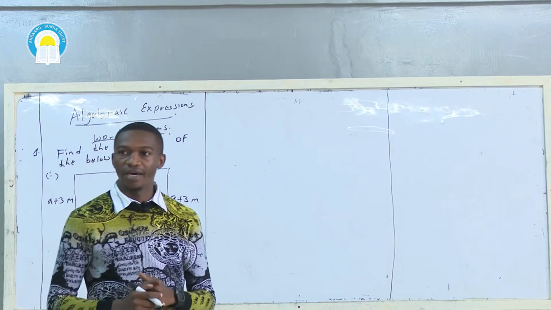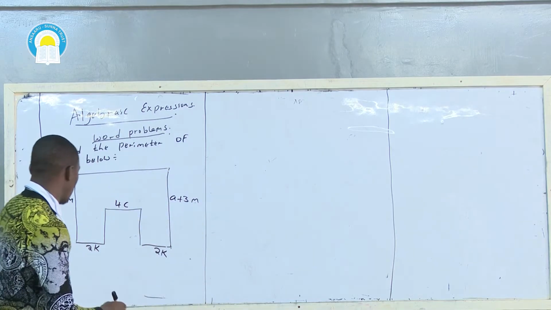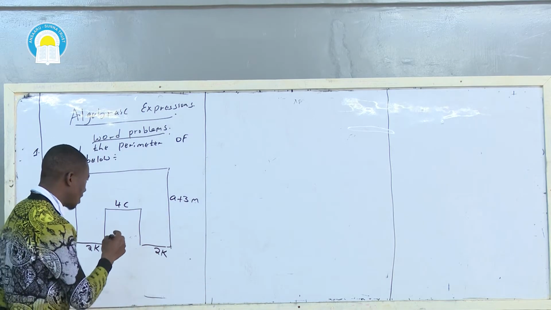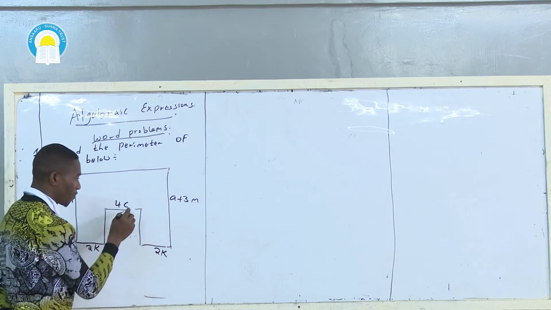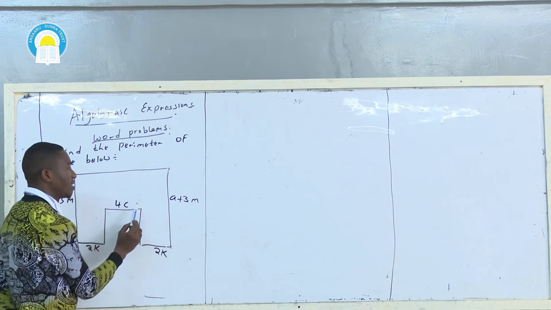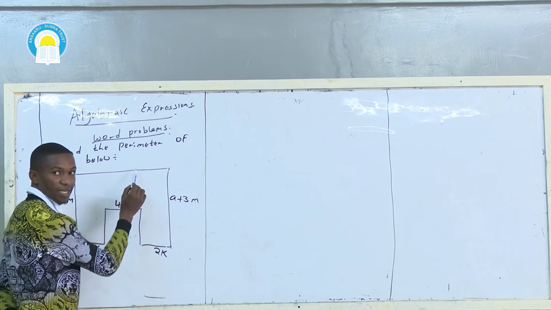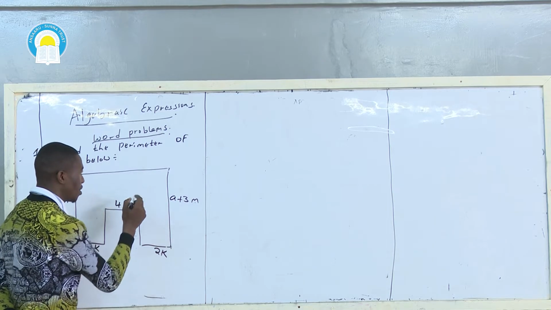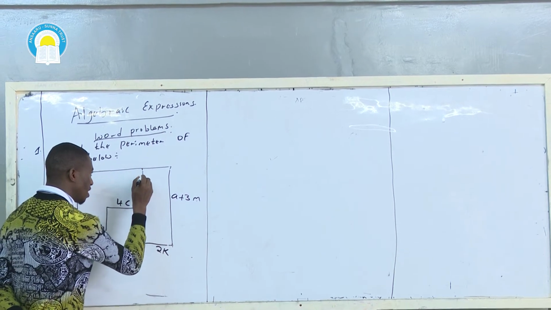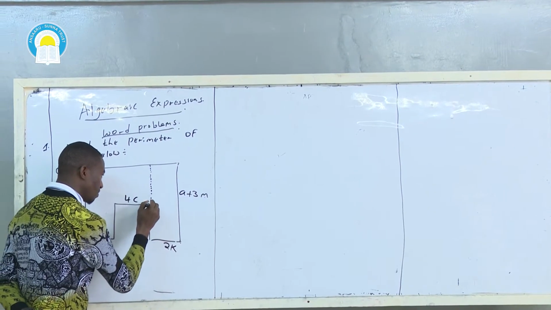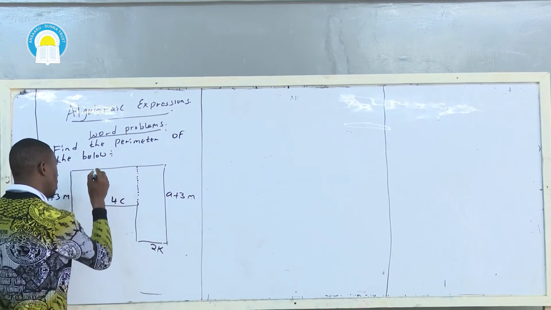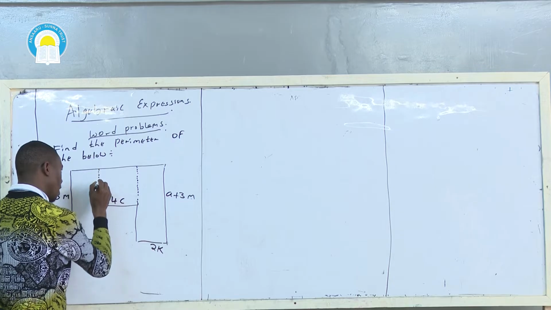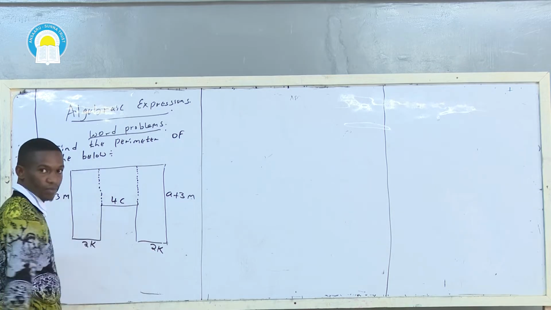Imaginary lines are the dotted lines. I will create an imaginary line from this point, stretching upwards until I touch this given line. Then also here I will put a dotted line.